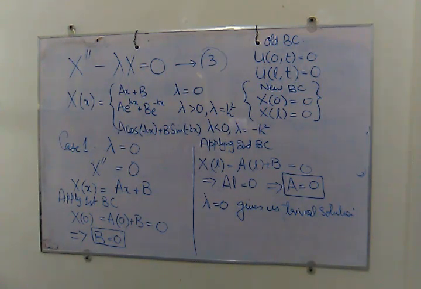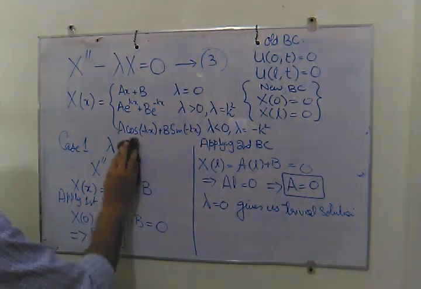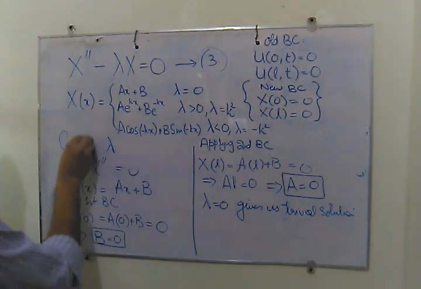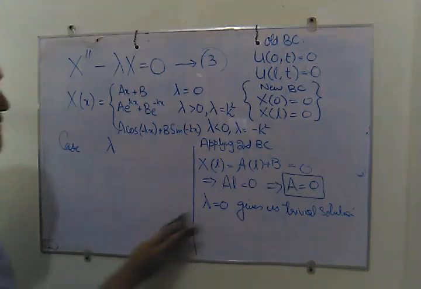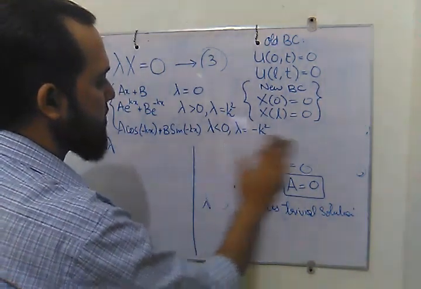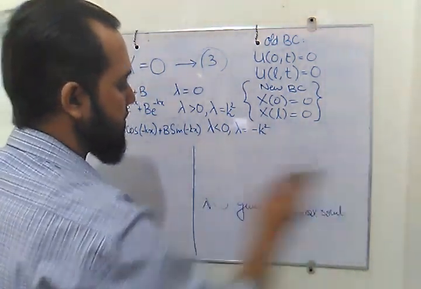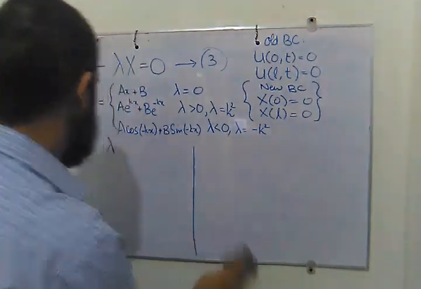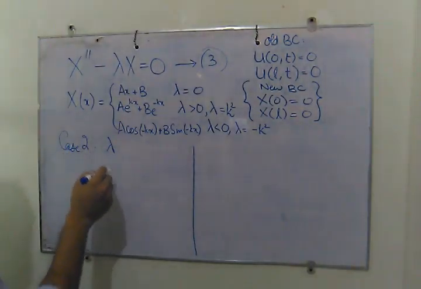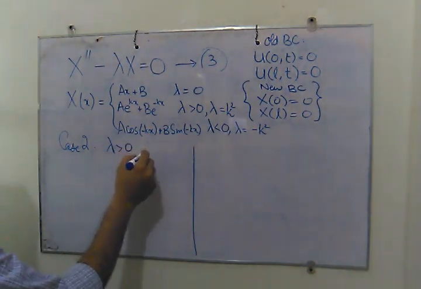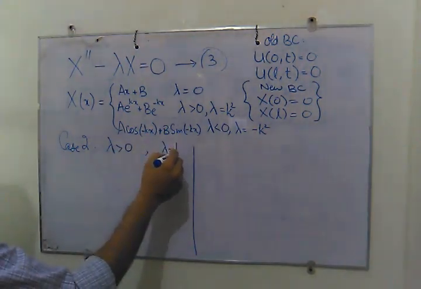Now we use the second case where lambda is greater than 0. We use case 2 where lambda is greater than 0 and we put lambda equal to k square.